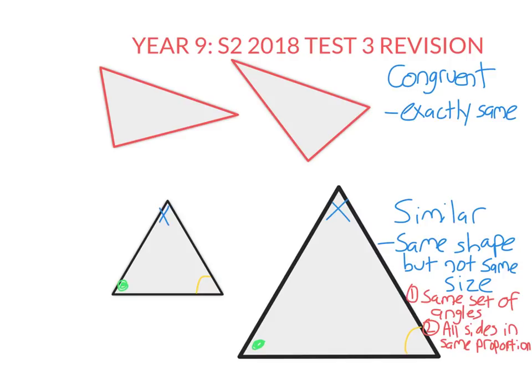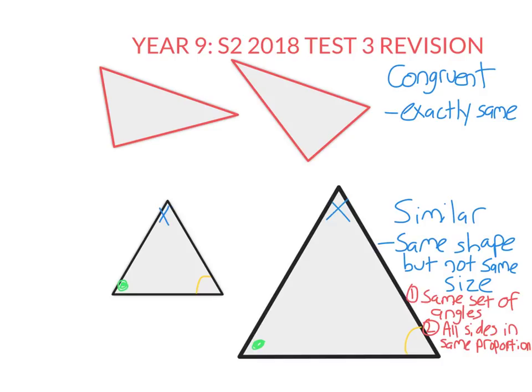But not only do shapes, in order to be similar, need to have the same angles, they need to have all sides in proportion. So what that means is you can multiply each side of the smaller shape by the same number to get the side in the larger shape.